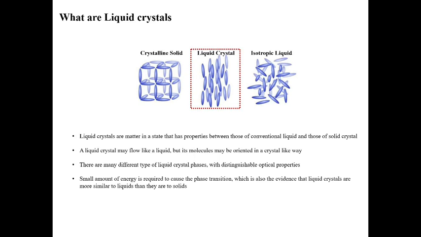And between isotropic liquid, which is the water, where you can think of the water molecules as flowing without any restriction of the orientation or the direction. So liquid crystal is the kind of material that is located just between those two. It has the ability to flow like water, but meanwhile it keeps the ability that under certain conditions it can form ordered three-dimensional structures. So that is the liquid crystal.